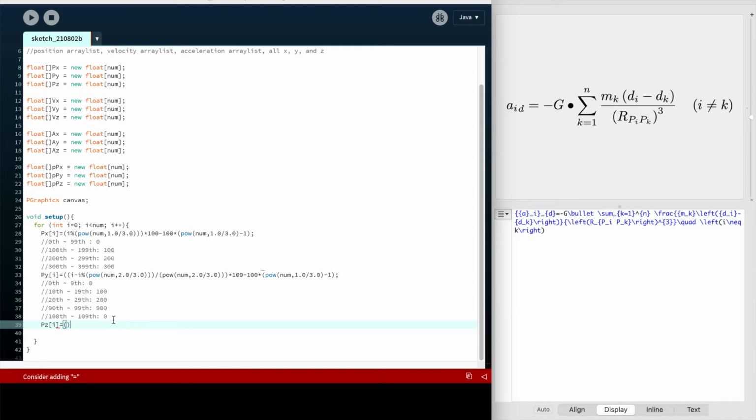Okay, first of all, I say I minus I percentage of power of num, comma 1.0 divided by 3.0. So that's going to be I minus the remainder of I divided by 10. So in this case, for example, I'm going to have a 90. Then if I have a 90, I divide that by the power of num 1.0 divided by 3.0.